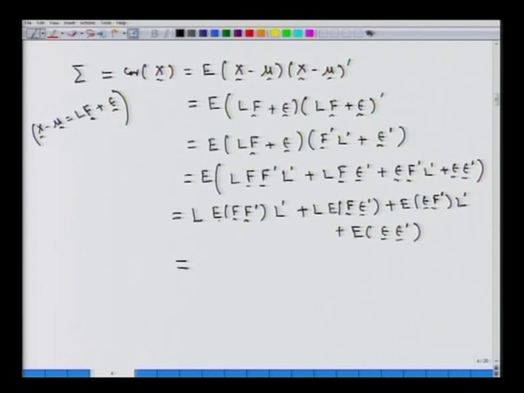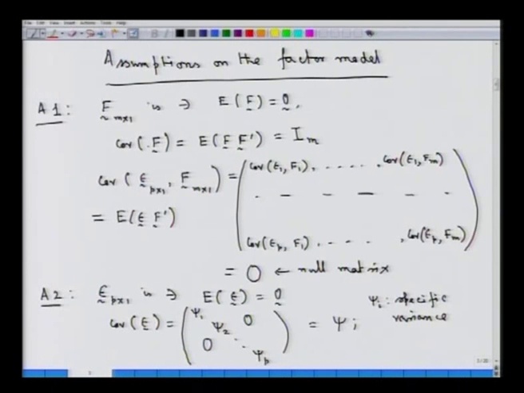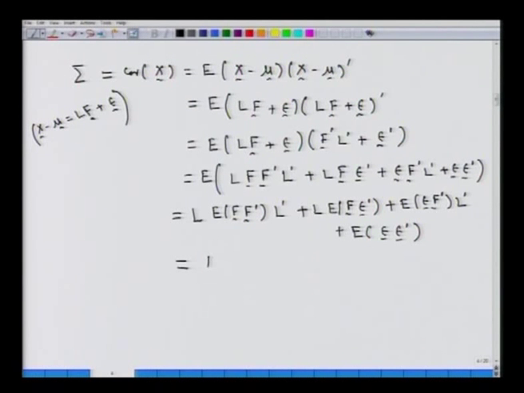This is the expectation of F F transpose. Expectation of F is equal to 0, and hence this is nothing but the covariance matrix of the F random vector. And what is that? By the first assumption A1, the covariance of the F vector is the expectation of F F transpose, and that we have taken as an identity matrix. So, this is equal to L L transpose.